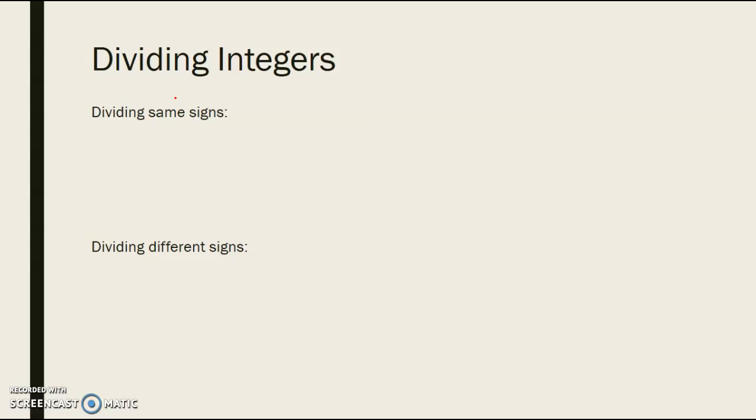So it comes to the same if we're doing dividing. Dividing is just the inverse of multiplying. So if we have the same sign, so a positive divided by a positive, we're going to get a positive answer. If we have a negative divided by a negative, we're going to get a positive answer. So if we have the same signs, the answer will be positive.